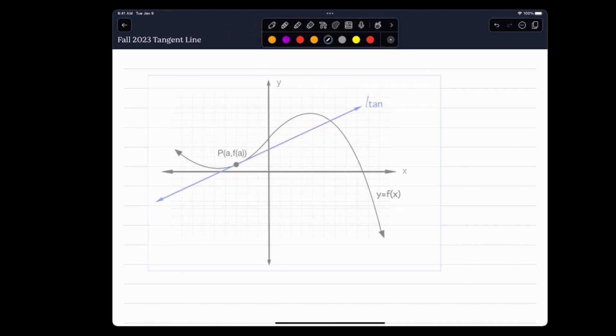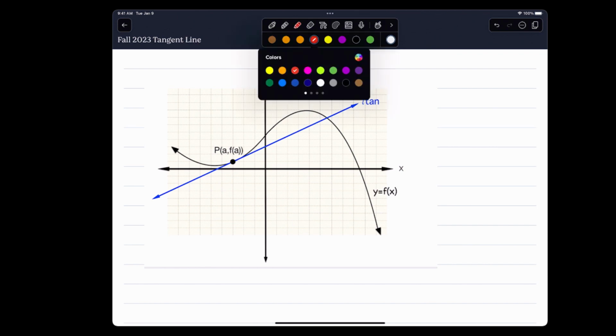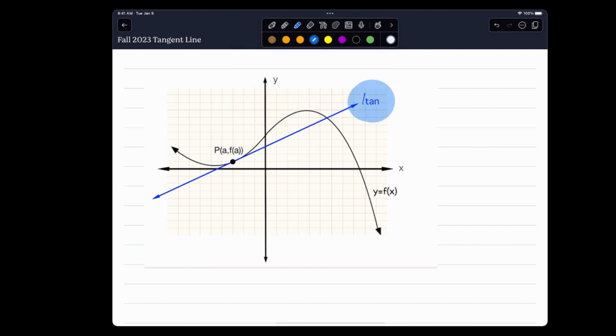All right, let's see. Okay, so today what we're going to try to do is find this blue line.